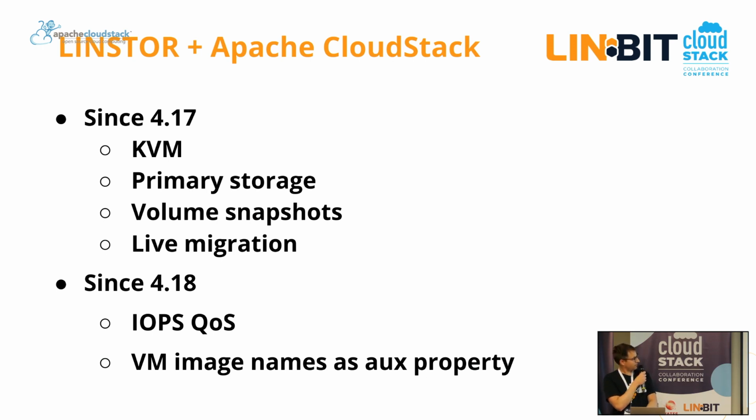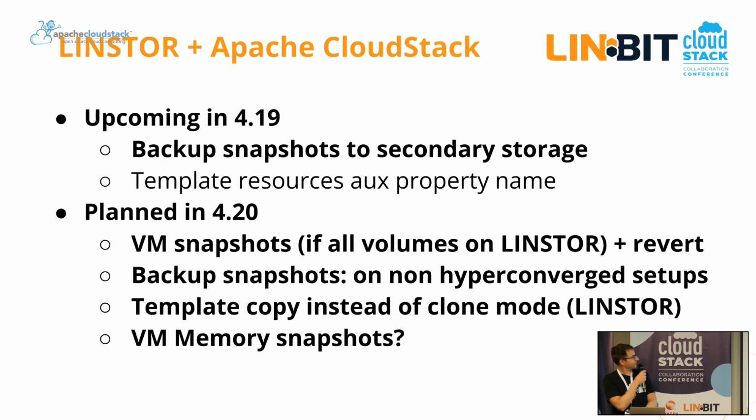That's what's in right now. And here is now what's upcoming in 4.19. This was already merged. Before, snapshots were only stored on the primary storage, so there was no backup to the secondary storage.